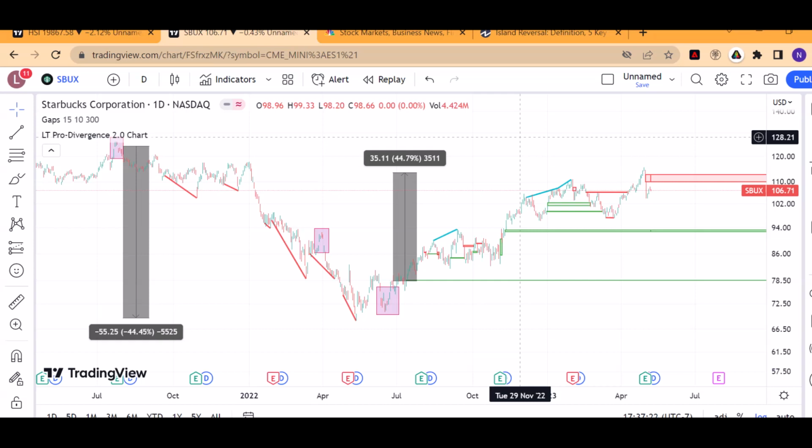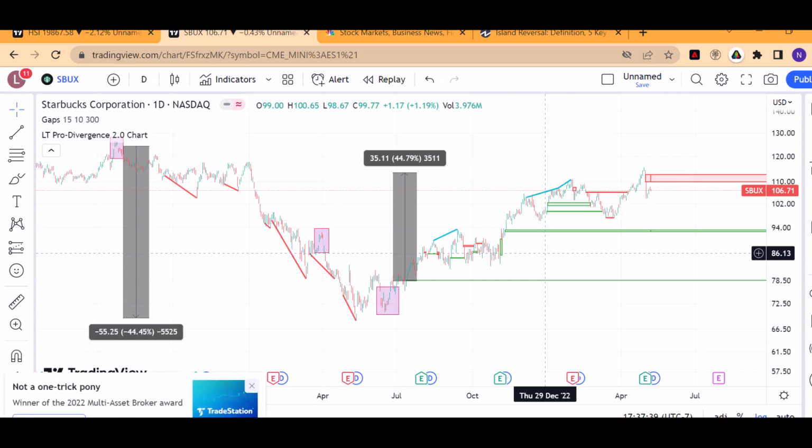Based on the technical pattern or other analysis, you can decide what percentage to take, the risk management, and when to scale and when to exit. So you have everything in your control.